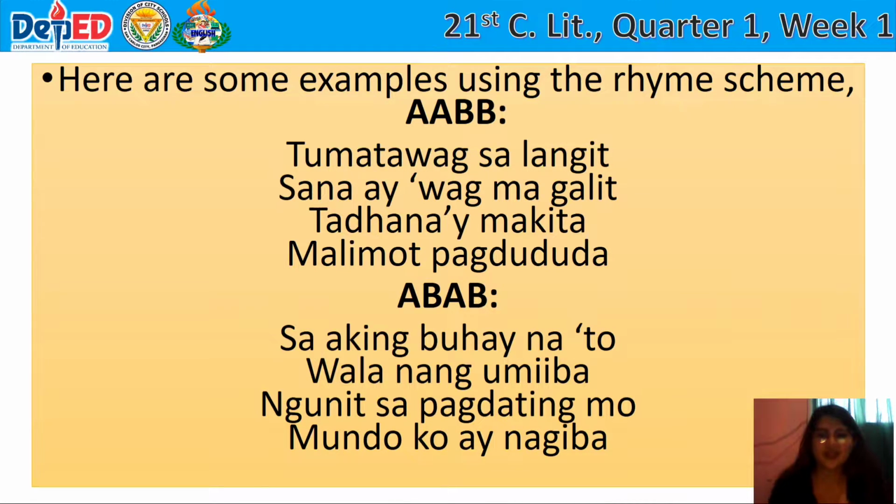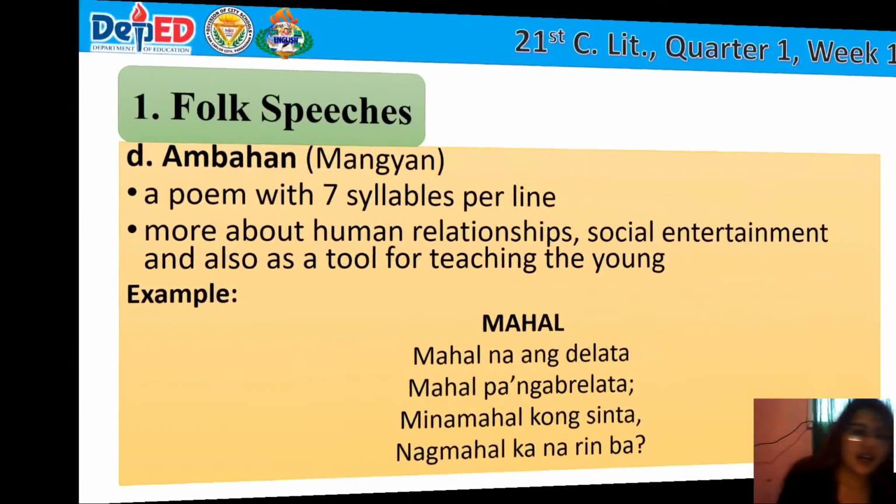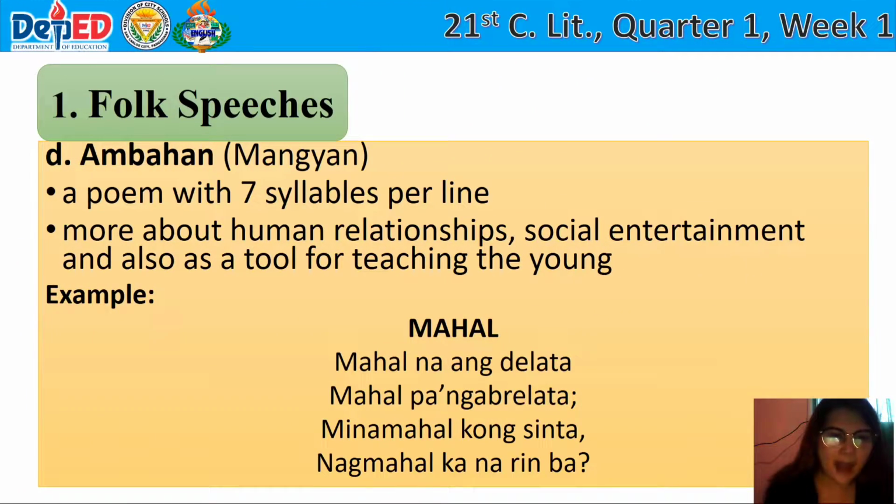Okay. Now, move on. Another folk speech is ambahan. It is actually a Mangyan word. It is a poem with 7 syllables per line. It usually tackles human relations, social entertainment, and is also a tool for teaching young people.